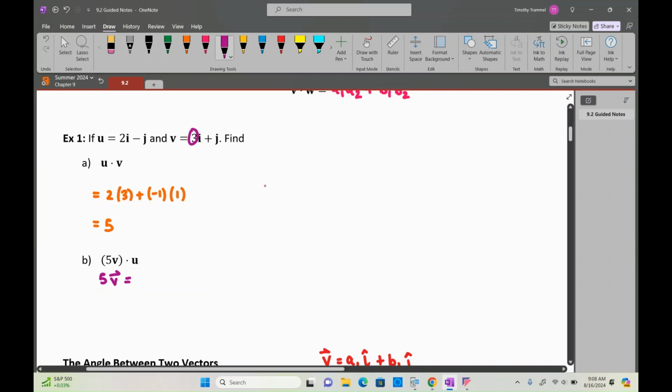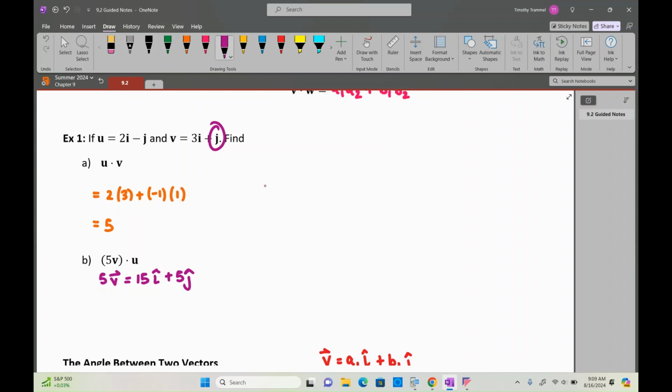Okay, so I'll have 5 times 3 here, so it's 15. And then 5 times the vertical component, so that's going to give us a 5j. Now we can go in and we can compute 5v dotted with u.